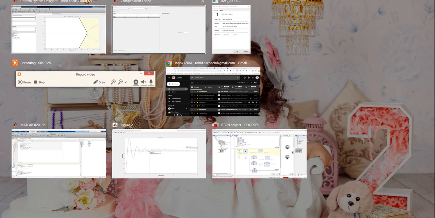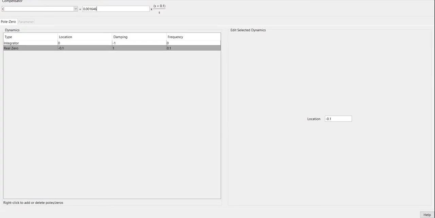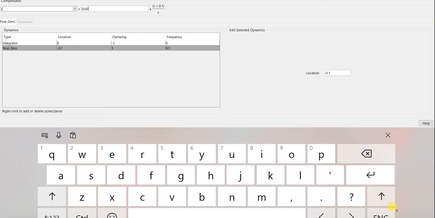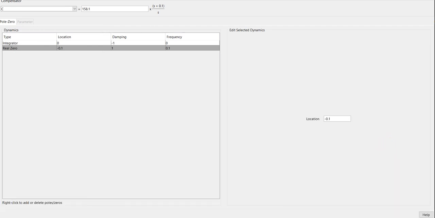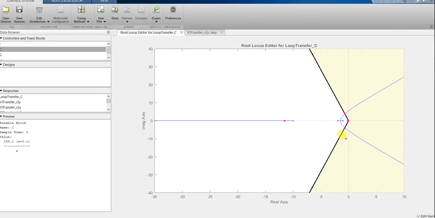Sorry for this kind of mess that happened. I'm switching too much between the screens, but I think it will be over now. 158.1, and let us see what happens to the location of the closed loop poles of the system.